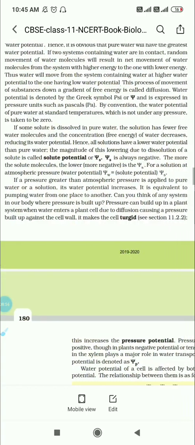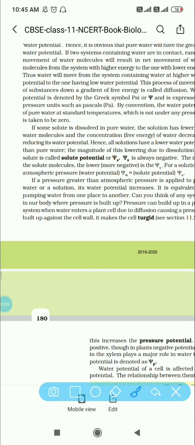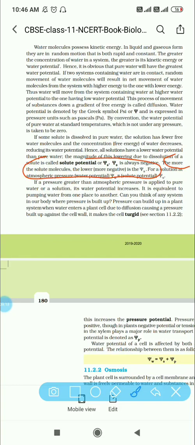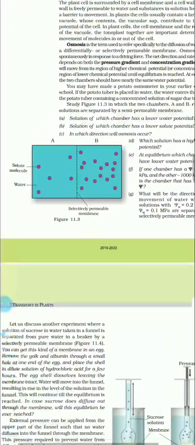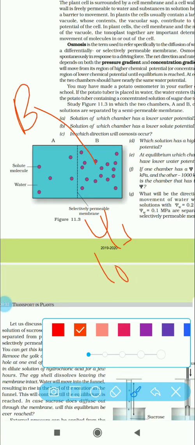So the more solute molecules, the lower the psi s, the more negative the psi s. In that relation, B has more solute, so B has lower solute potential. Psi s will be low for B. Remember that.